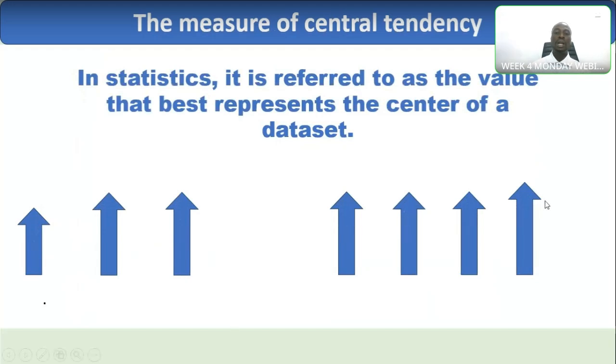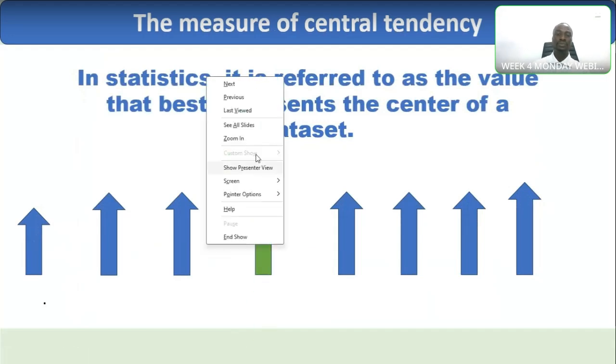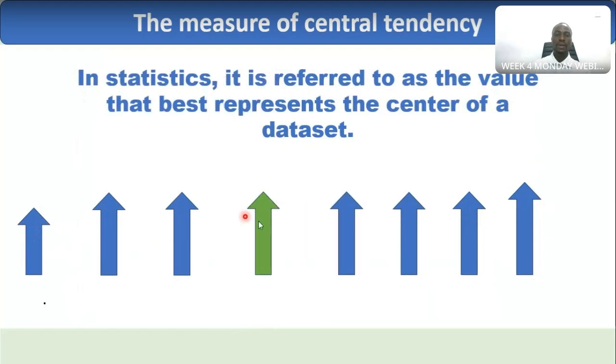For example, if we look at all of these different arrows, and we want to look at a particular arrow that represents the height of these ones, I believe you will agree with me that this particular one over here can be used to represent the height.